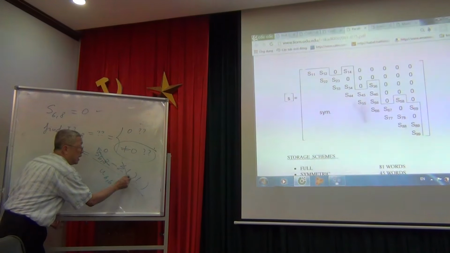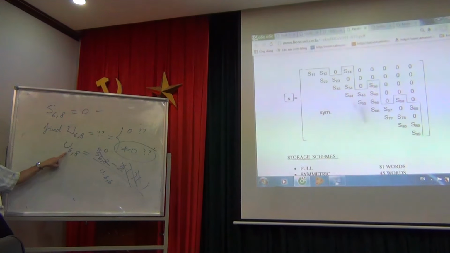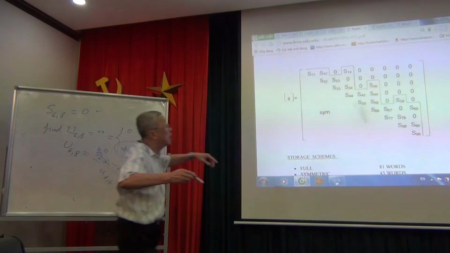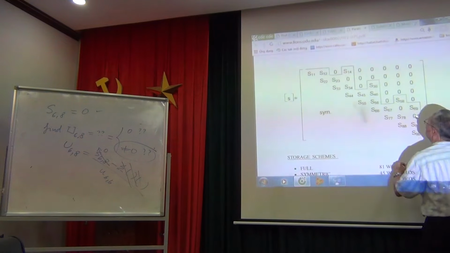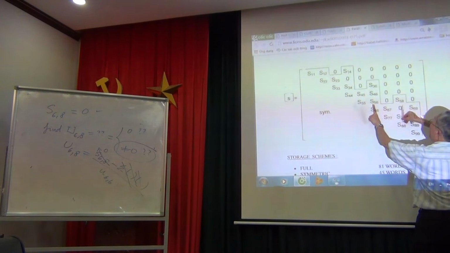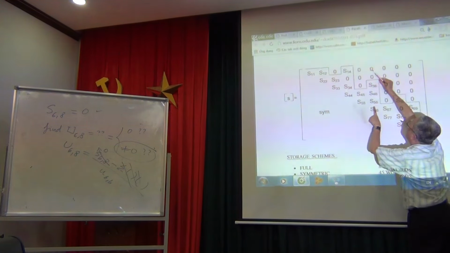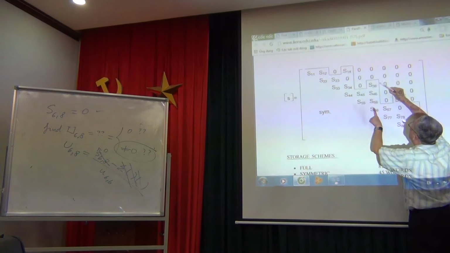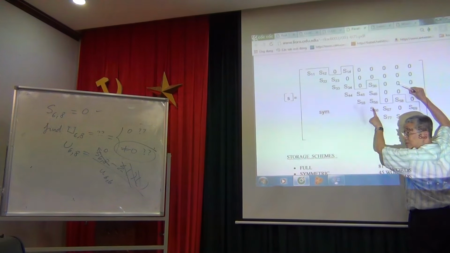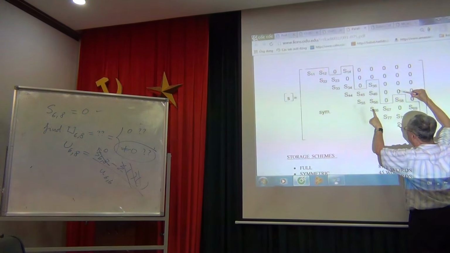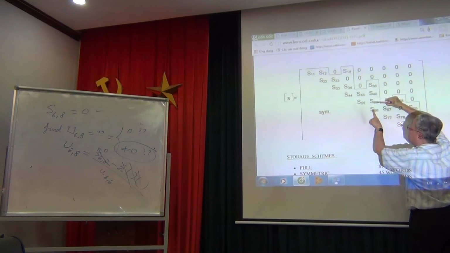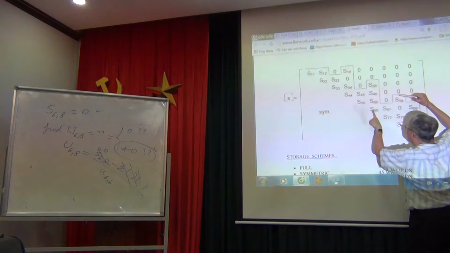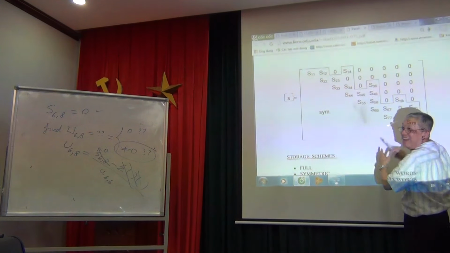But the summation of this product will be based on column 6 and column 8. So if you look at column 6 and column 8, this is column 6, this is column 8. You see, 0 times 0, plus 0 times 0, plus something times 0, still 0, plus something times 0. You see? And this is something times something, so non-zero.